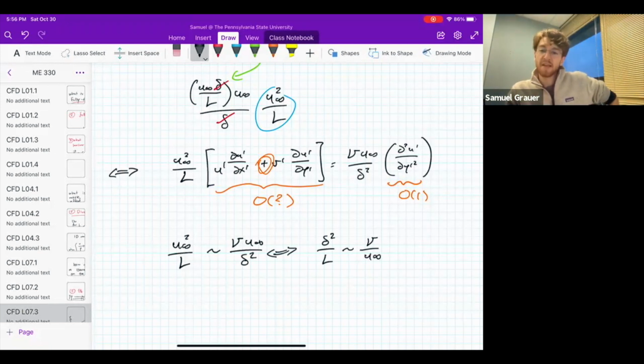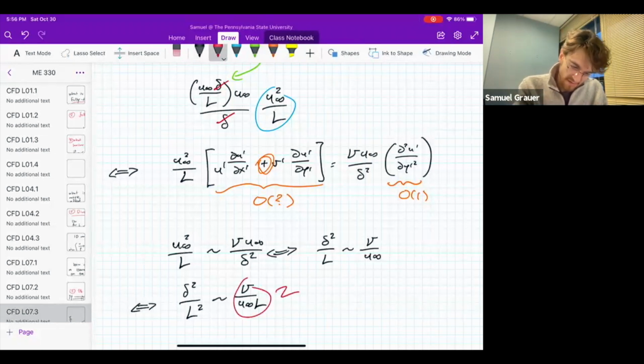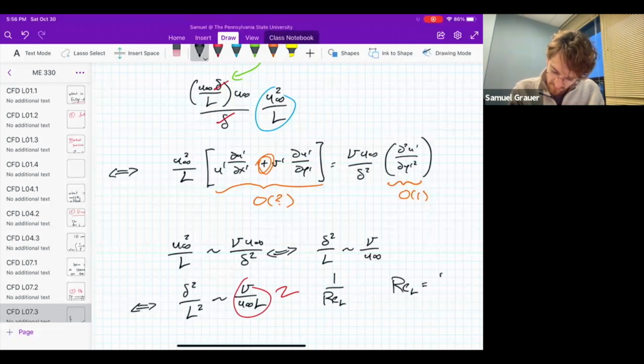What we can do is now divide both sides by L. So we have delta squared over L squared is proportional to nu over u infinity L. And what I will notice about this is that this is the same as 1 over the Reynolds number as a function of L, right? Because Re_L is equal to u infinity L over nu.